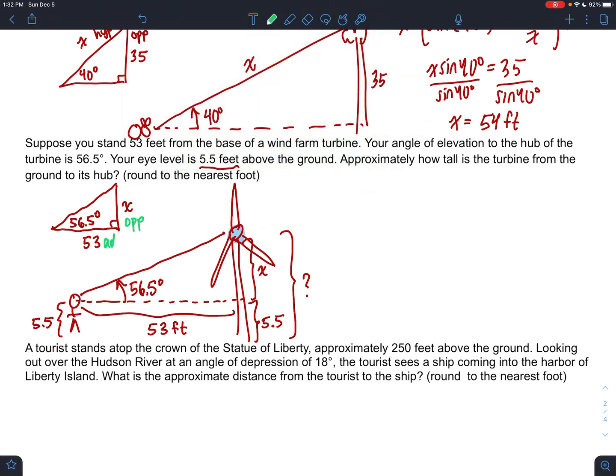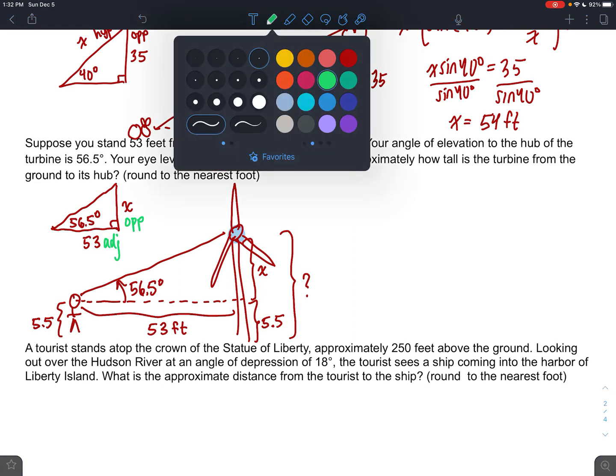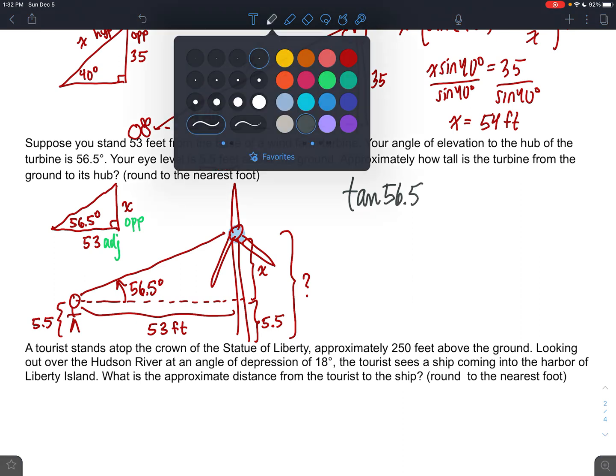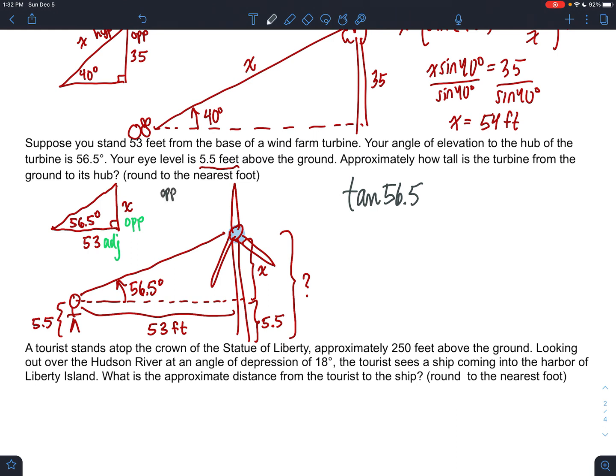Okay, so this would be opposite, adjacent, looking across the way from the angle to get the opposite. So I'm thinking opposite over adjacent is tangent. So let me just write that over here.